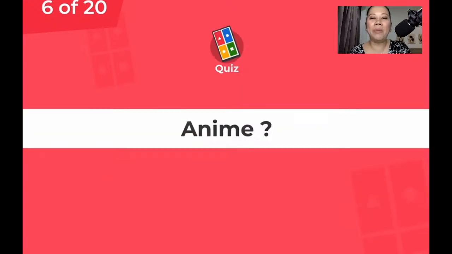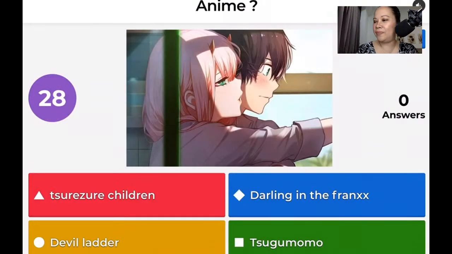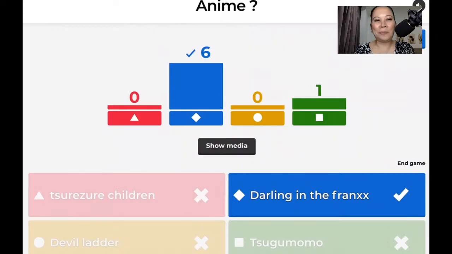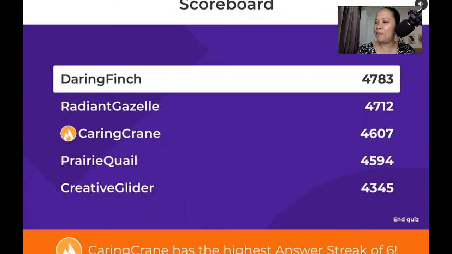Alright, guess that anime. We are on the 6th question. From which anime is this? Wow, that was so fast. It didn't reach the 20 seconds that I have set for the question. That is correct. That anime was Darling in the Franxx. Let's see who is still on the lead.